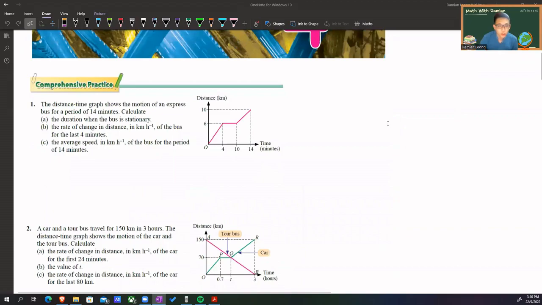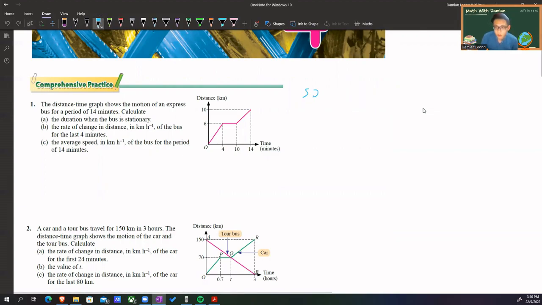If we look at question 1, the distance against time graph shows the motion of an express bus for a 14 minutes period. In a distance against time graph, they can ask you to look at duration of time, the distance, and also they can ask you to calculate the speed by looking at the change in distance over change in time.